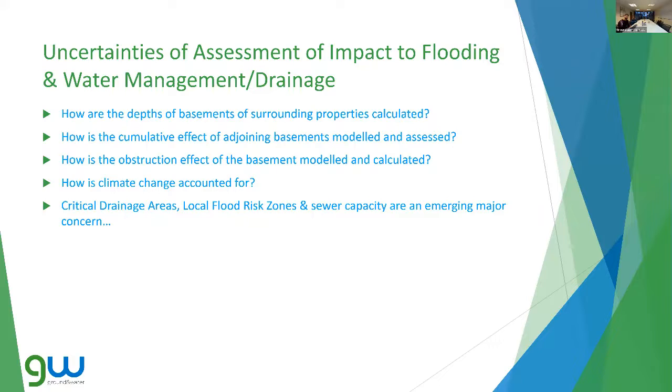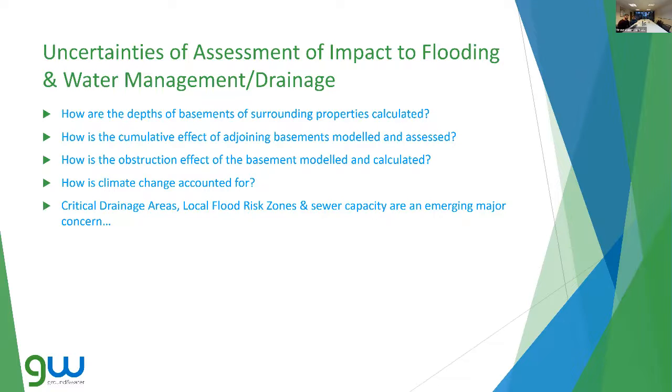So firstly, I'm going to talk about flooding and water management. A few assumptions that are often made: are there any basements surrounding the property itself, and how deep are these basements? You can get that information maybe from structural engineers for the adjacent buildings, but some of this information is hard to get.